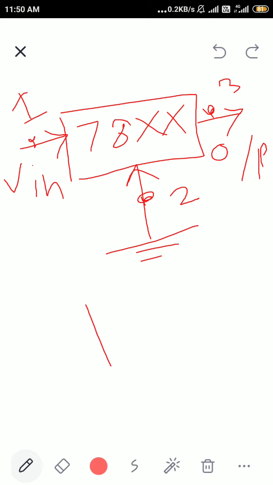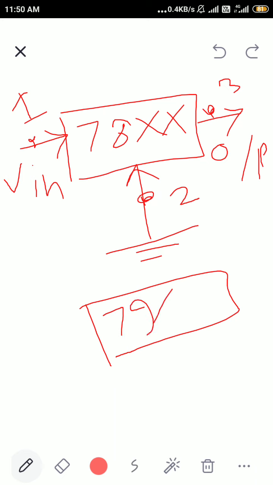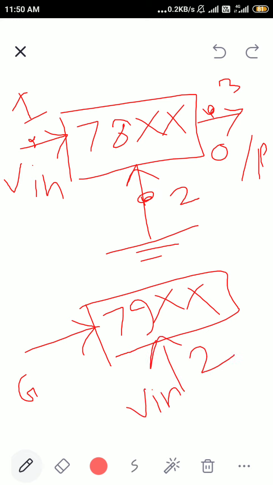Similarly, for 79XX, pin number 1 is your ground pin, pin number 2 is your Vin, and pin number 3 is your output voltage, V0.